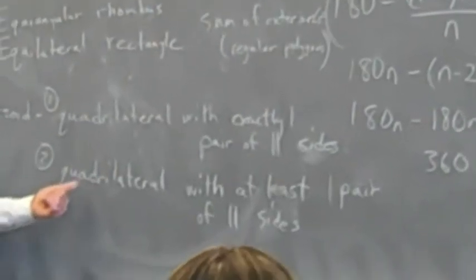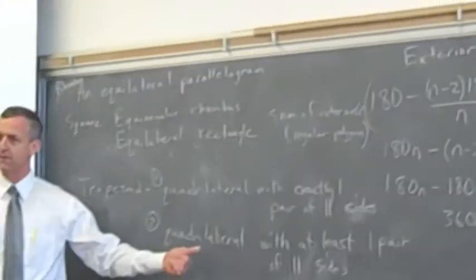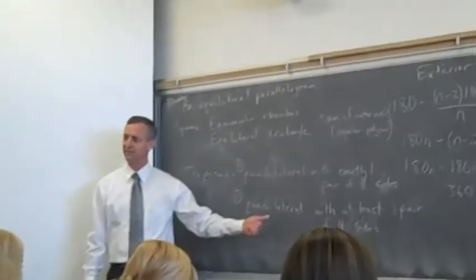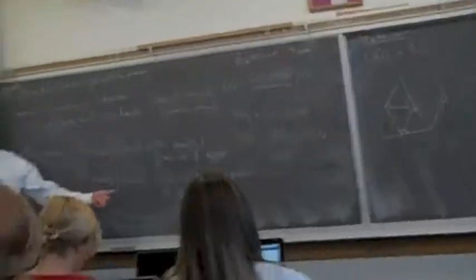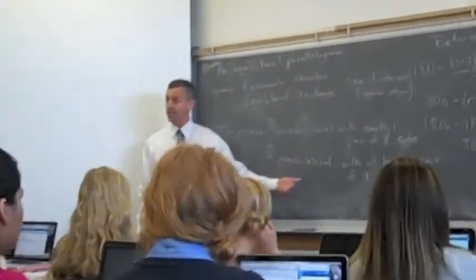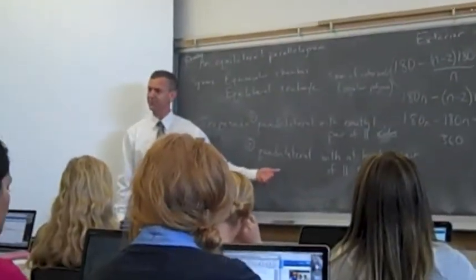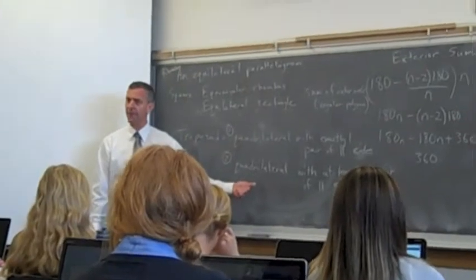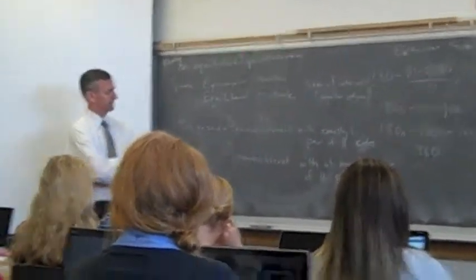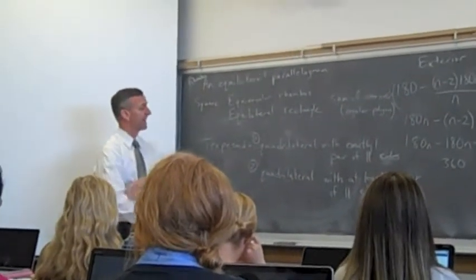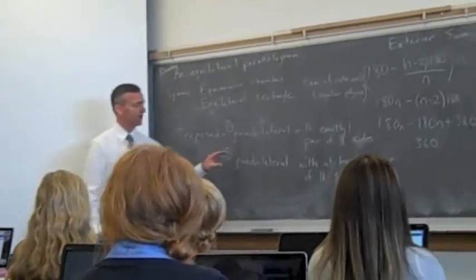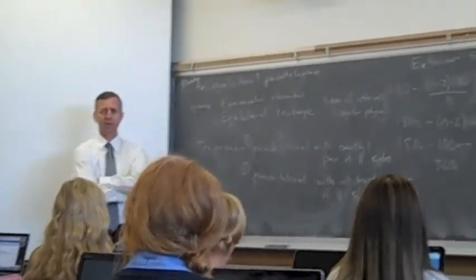Because it has at least one pair parallel. It has two pair. A square would be a trapezoid under this definition because a square has at least one pair of parallel sides. There are some reasons why they define it that way, and I don't want to get into that right now. I want you to be thinking about that.